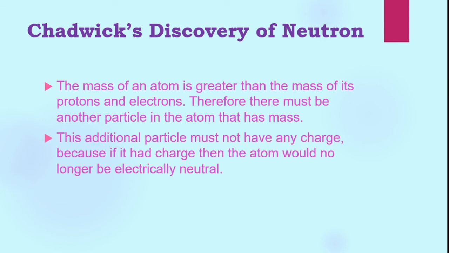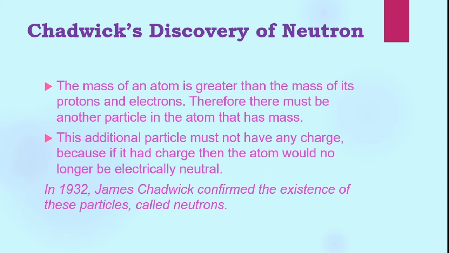This additional particle must not have any charge, because charge conservation is already maintained in the Rutherford model. If the new particle had charge, then the atom would no longer be electrically neutral. So the new particle must not have any charge.